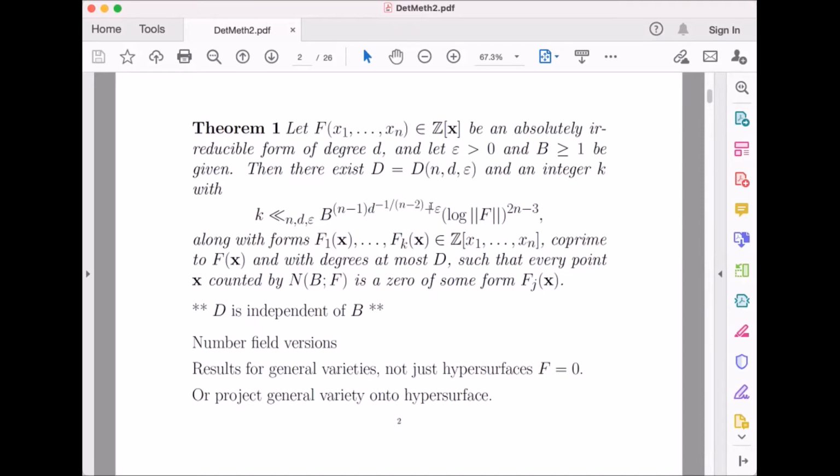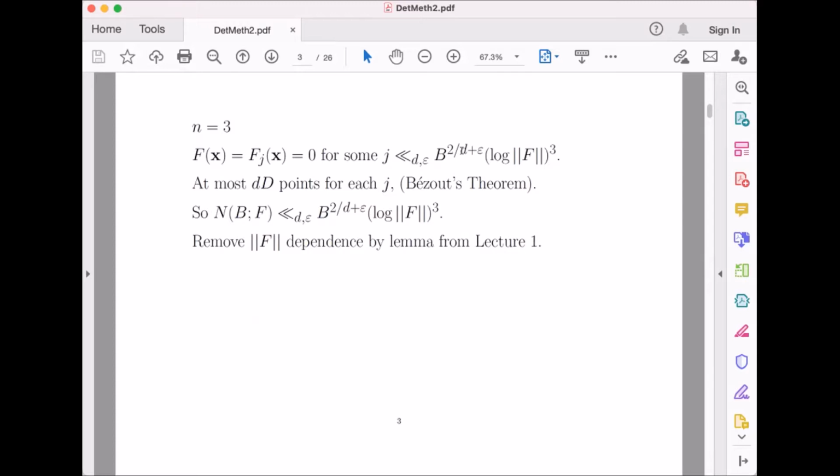So that's the exponent that you see in this result here. So in particular, the number of auxiliary forms is fewer the larger the original degree d was. So you might need lots of auxiliary forms in a case when you start off with a quadric f, but for higher degree forms, you don't need as many auxiliary forms.